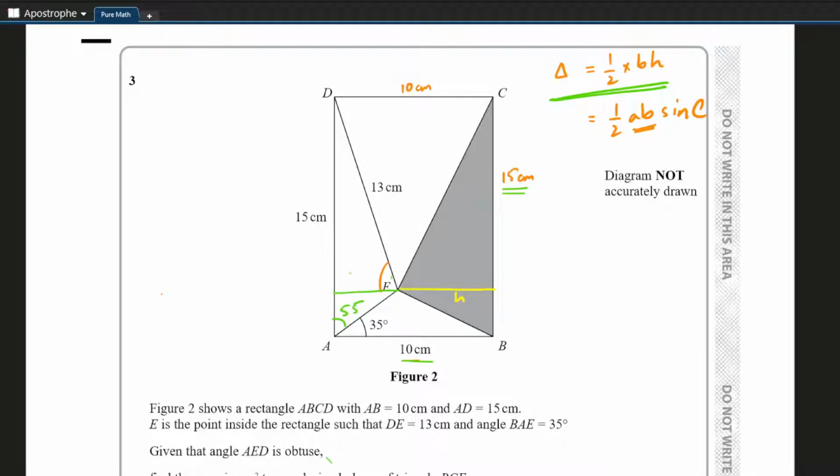Our goal is to find this h. In order to find that h, we will use this right angle triangle. In here we have the angle, we need another side. It could be this side or this side.